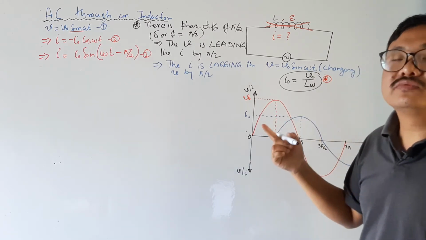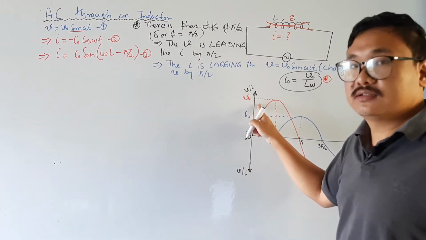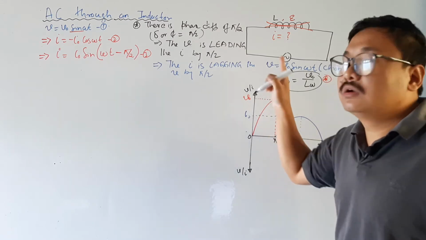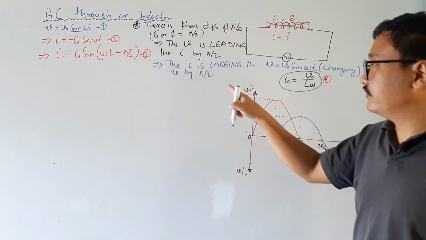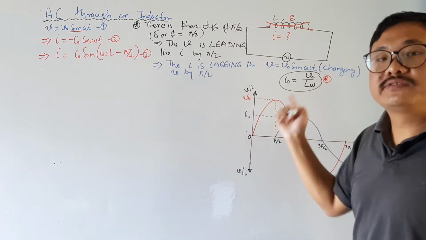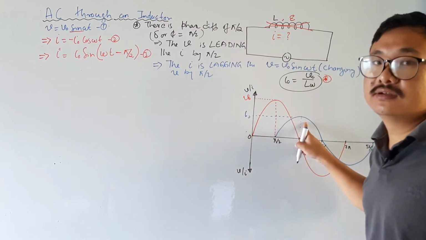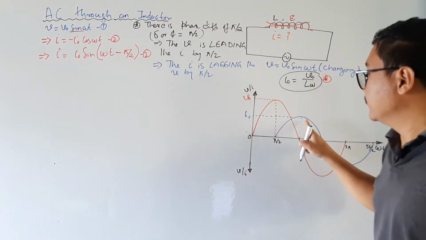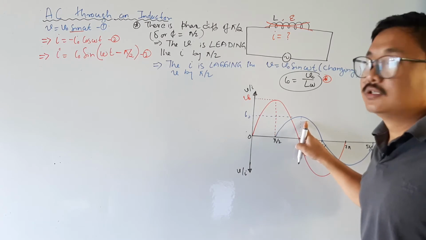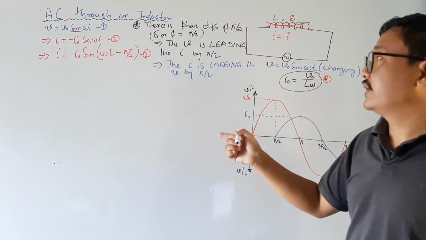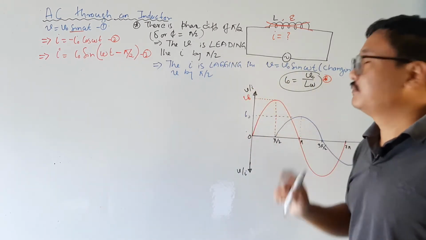So which one is moving ahead? V is moving ahead, because V has already attained its maximum value V0. After that the current attained I0 later. So the voltage is ahead, that is, leading by pi by 2.